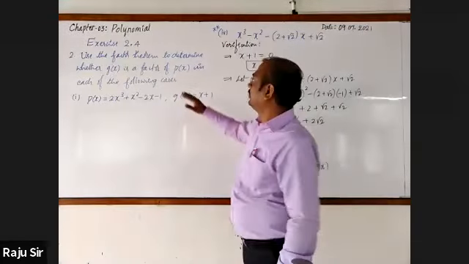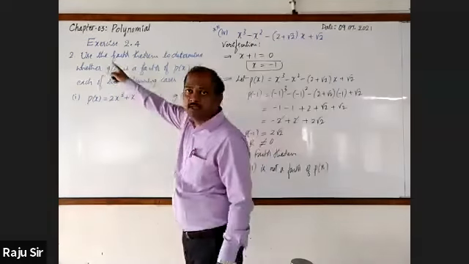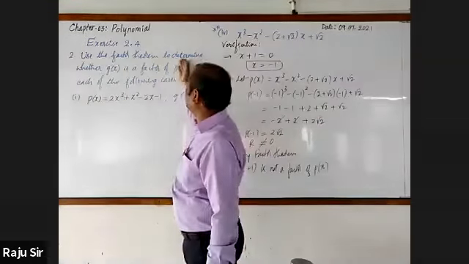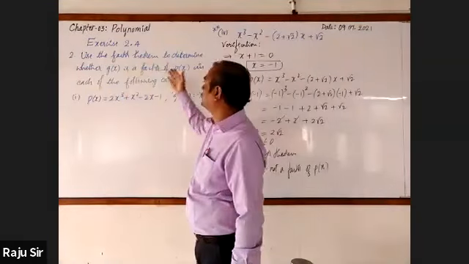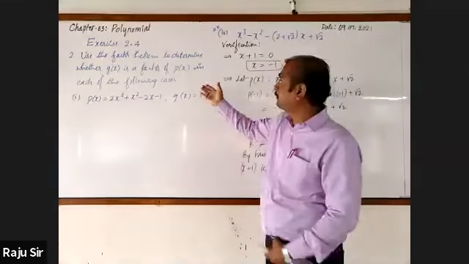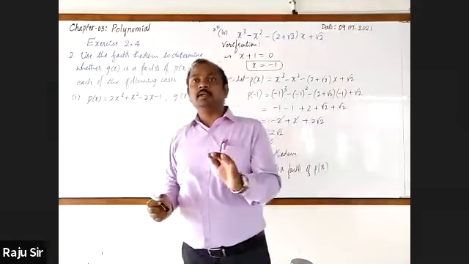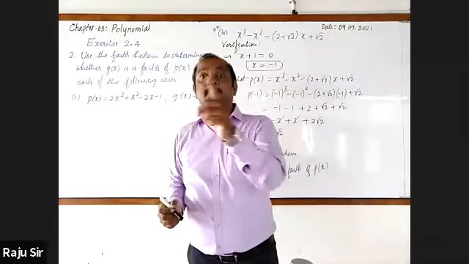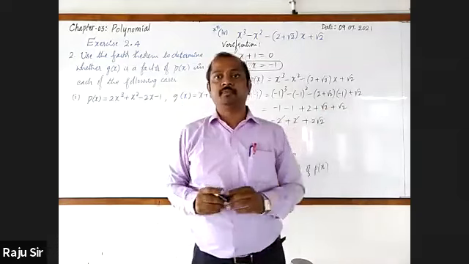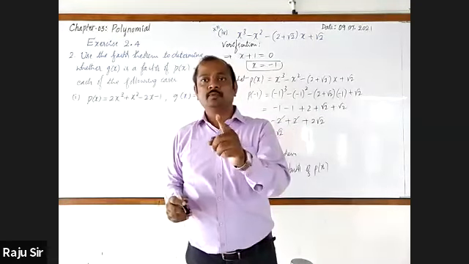Okay. Go to this. The statement is, use the factor theorem to determine whether g of x is a factor of p of x in the following cases. According to factor theorem, you can say x minus a is a factor if and only if the remainder is equal to 0.